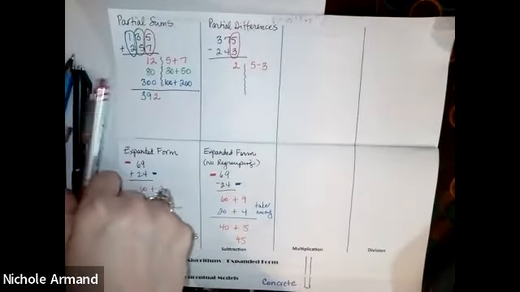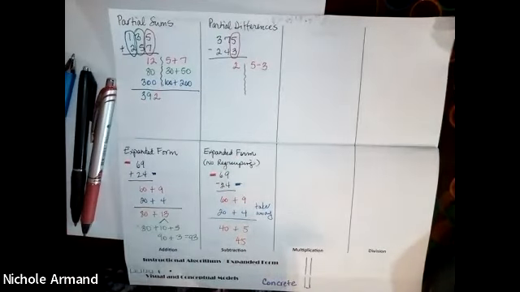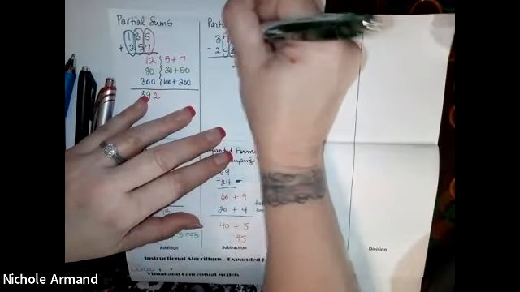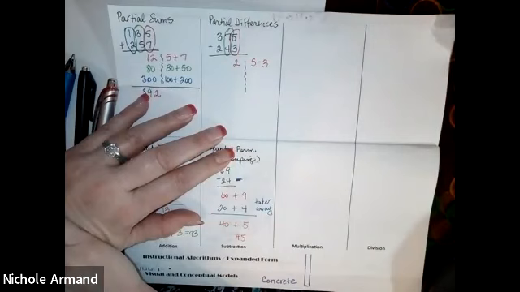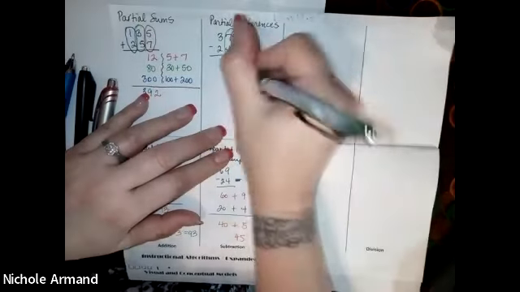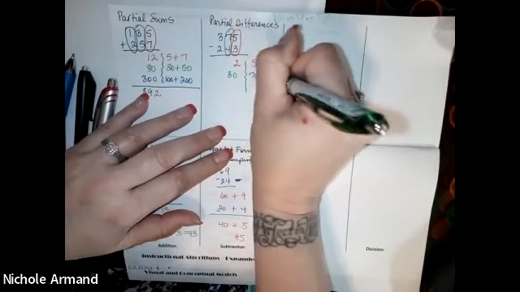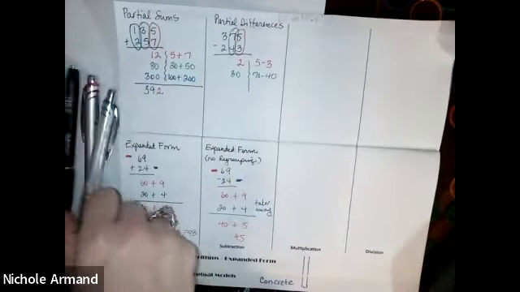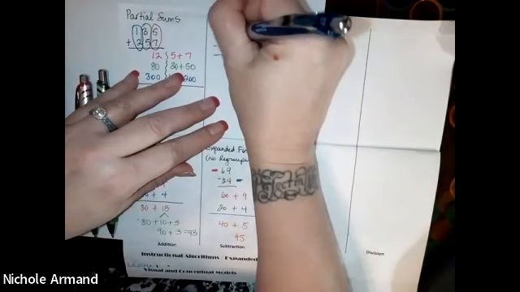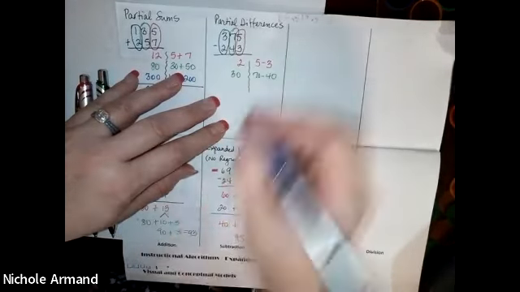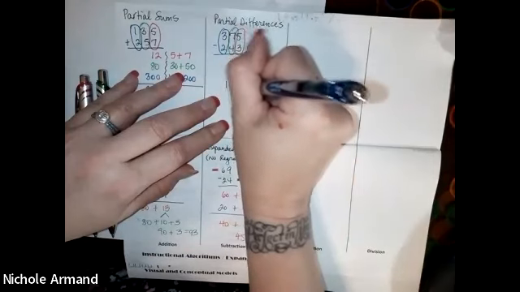And then the next one, the last time I used green, so I'll use green again. This is 70 minus 40, right? So that's going to be 30. And then this one is going to be 300 minus 200, or 100.